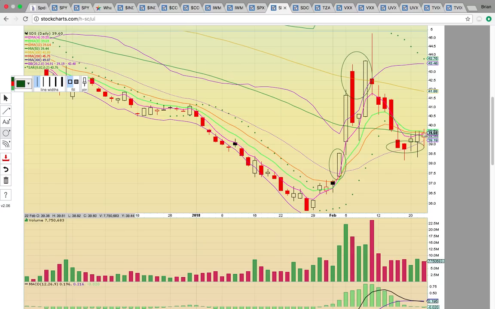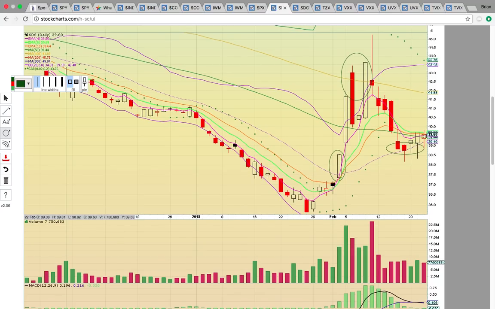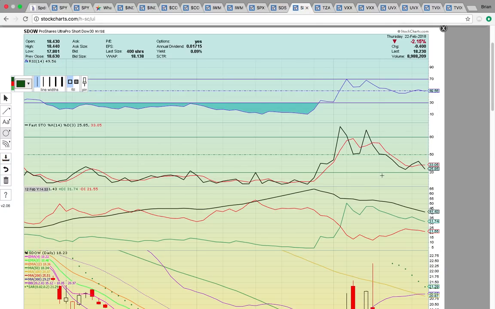That's 2 days in a row that SDS has closed above the 50-day simple moving average. And in our book, if the stock closes above the middle Bollinger Band and the 50-day simple moving average on the daily chart, the signal is to be long. The signal is to ride as long as support is holding. Your stop loss is that 39 level. Don't hold if it drops below 39. If it stays above 39, the signal is to ride. The chart is set up. It just has to follow through.